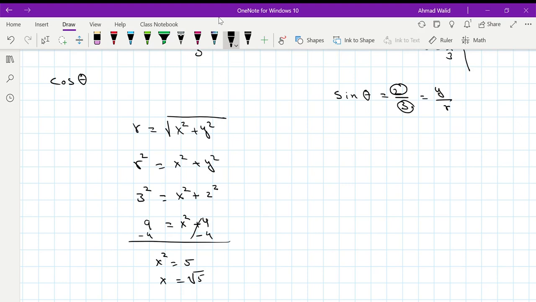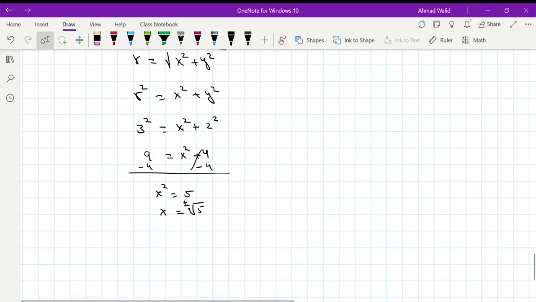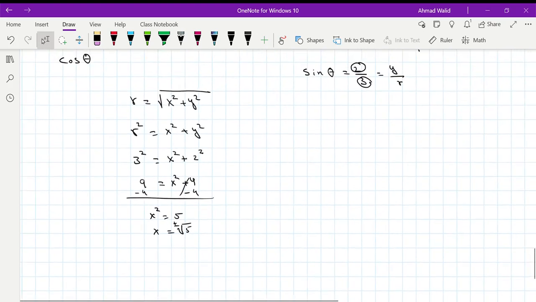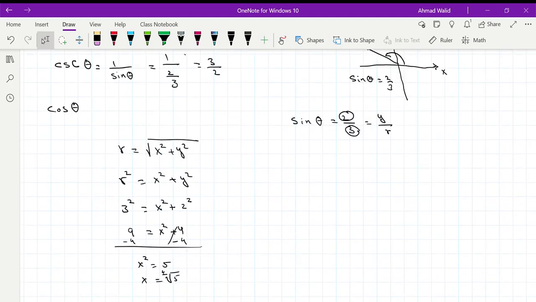Now, should I use the plus sign or the minus sign? There are different ways. Some people just use radical 5 and adjust the sign at the end of the problem, but I like the way that they explained it in your book. You can adjust your sign right now. Your angle is in quadrant 2. The value of x in quadrant 2 is negative. We know that. Then I can say x is equal to negative radical 5.